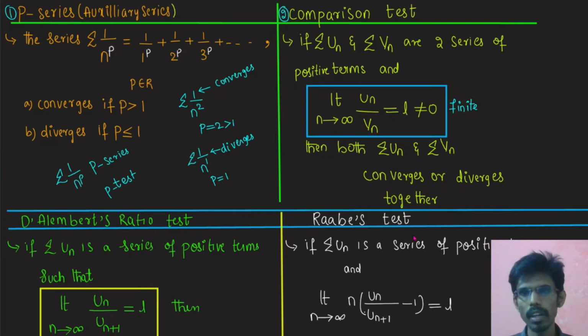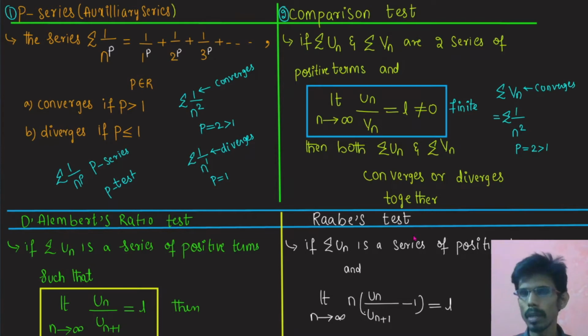For example, if sigma vn is sigma 1 by n square, by the P test, P is 2 greater than 1, so sigma vn converges.